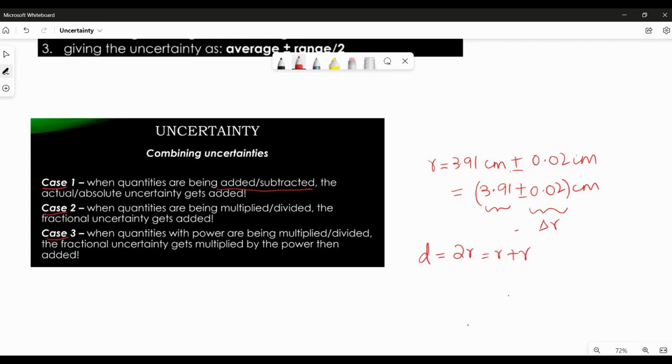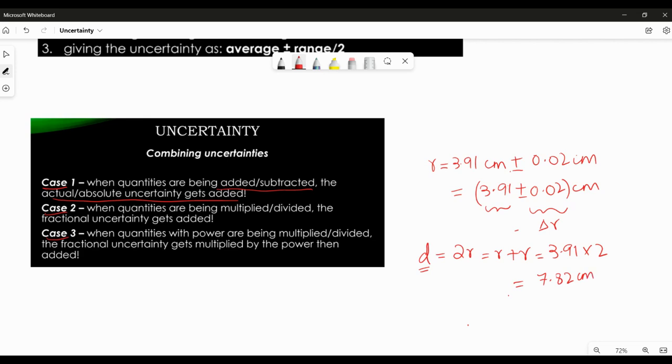So when the two values of radii get added to give the diameter, what will happen to the uncertainty in the diameter itself? Since the radius gets added with itself to give you the diameter, the average value of diameter will be 2 times the average value of the radius, or you just add them up twice, and the answer we get is 7.82 centimeter.